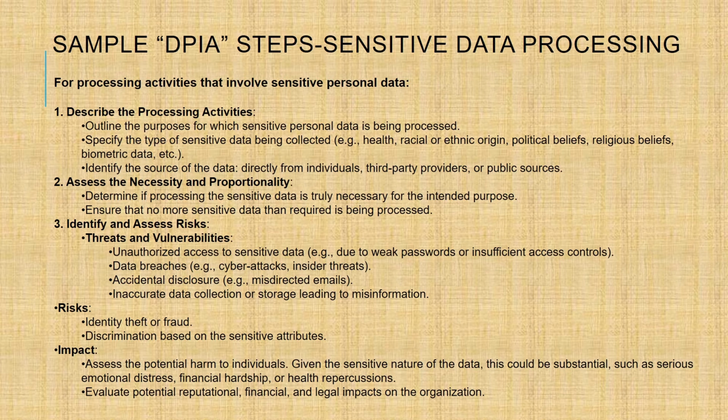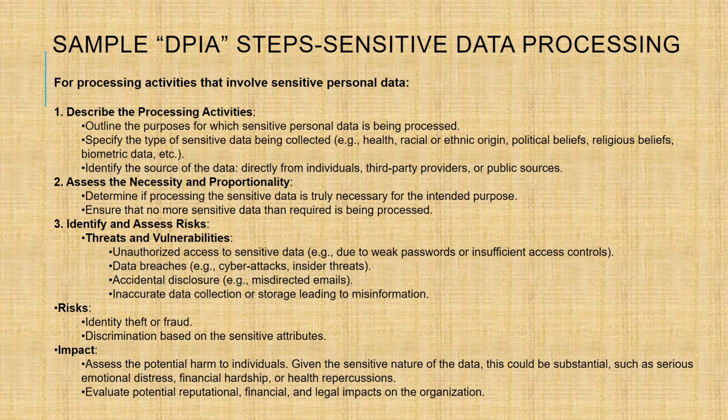What is the risk here? It's identity theft or fraud. And of course, discrimination based on the sensitivity of the data or sensitive attributes. And assess the impact. Assess the potential harm to the individuals.